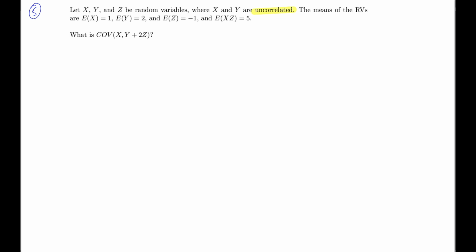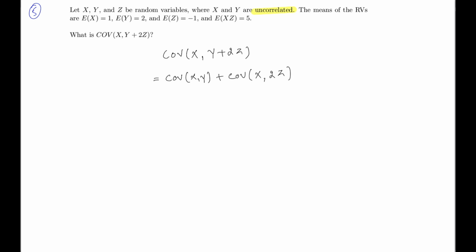First of all, try to simplify this covariance. Using the property, this can be written as the covariance of x, y, plus the covariance of x and 2z.